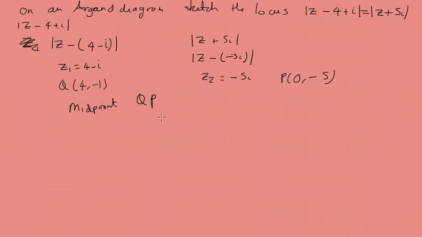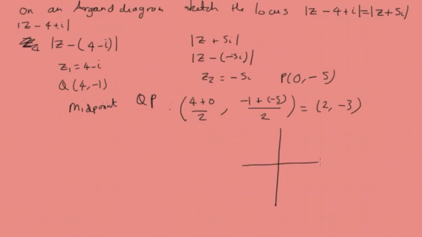With the midpoint, we're just going to use our midpoint equation. So we'll have (4 + 0) over 2, and (−1 + −5) over 2, and that gives us (2, −3).